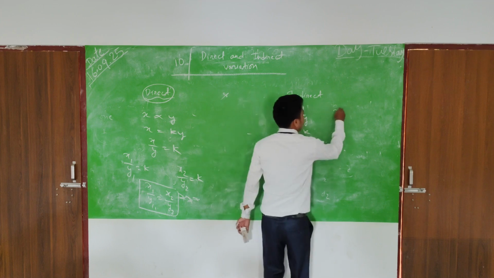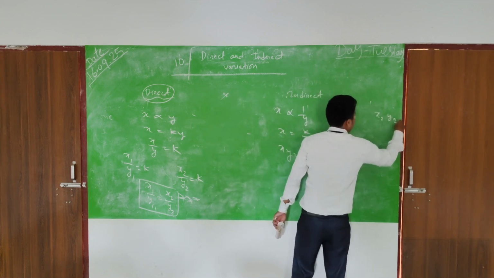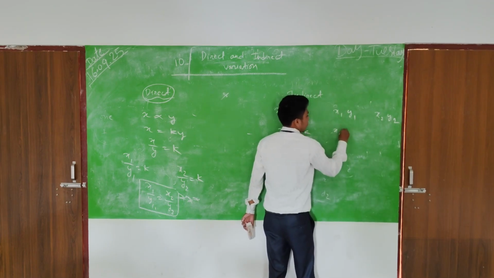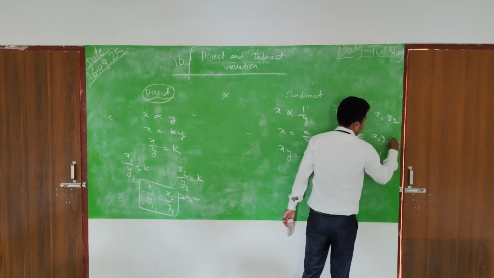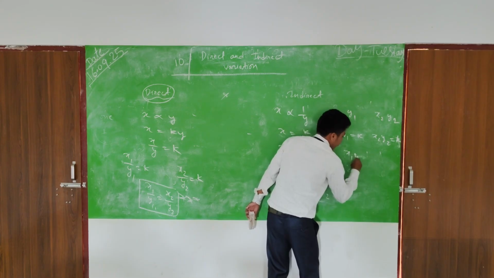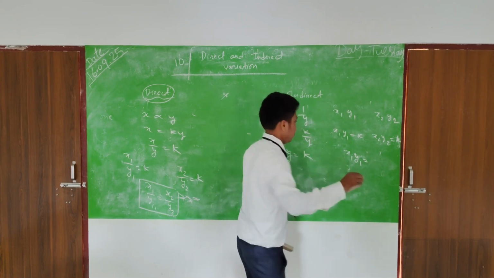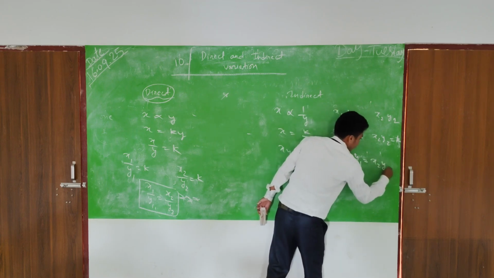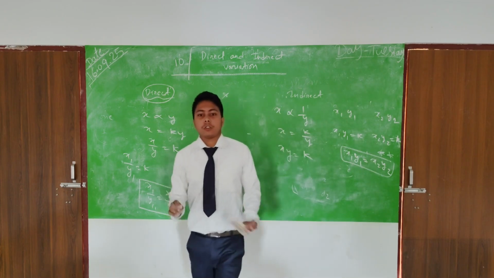If there are two systems, one is x1, y1, another is x2, y2, when I multiply x1 and y1, I get k. When I multiply x2 and y2, I get k. That means I can write x1 y1 equals x2 y2. So this is one formula that we have to write. If you remember these two formulas, your work is done.